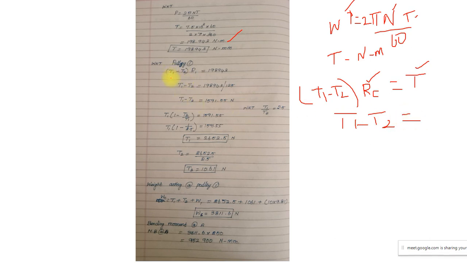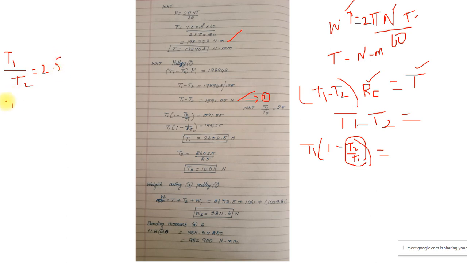See here, I have substituted T1 minus T2 into R1. After substituting the R value, I get one particular value. I have this as equation number 1. Similarly, I can take T1 as common: T1 into 1 minus T2 divided by T1 is equal to that particular value. Here I know the value of T1 by T2, which is 2.5.